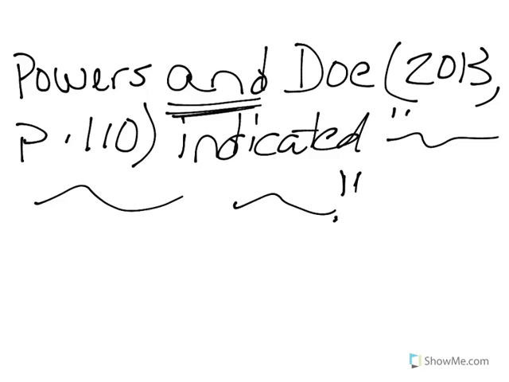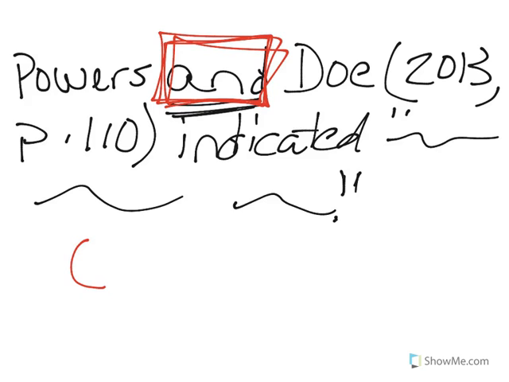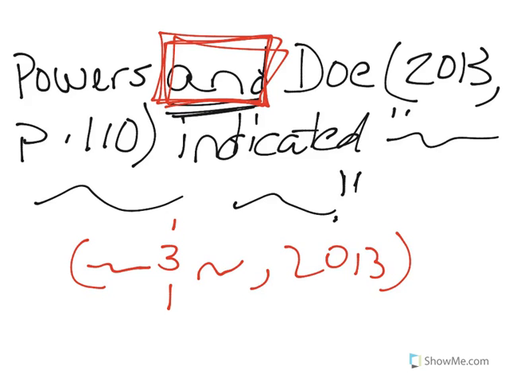So again, overview is that you're going to spell out and if you're including it in your writing. If it's included at the end of a sentence, you're going to have the names with the and symbol and the year. And again, if you're going to cite a direct quote, then you always will have to include the page number.